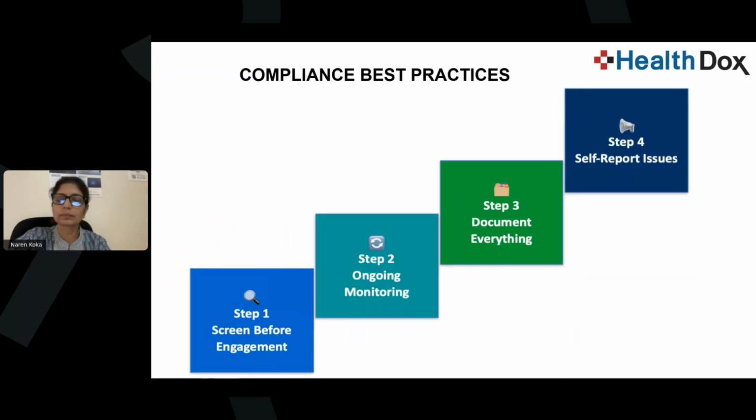Now we are going to discuss some of the best practices in screening for OIG exclusion. The very first step is to always screen before the engagement. Make sure you screen all your vendors, employees, partners, and contractors before you start working with them, so you can prevent excluded individuals from entering your system in the first place.